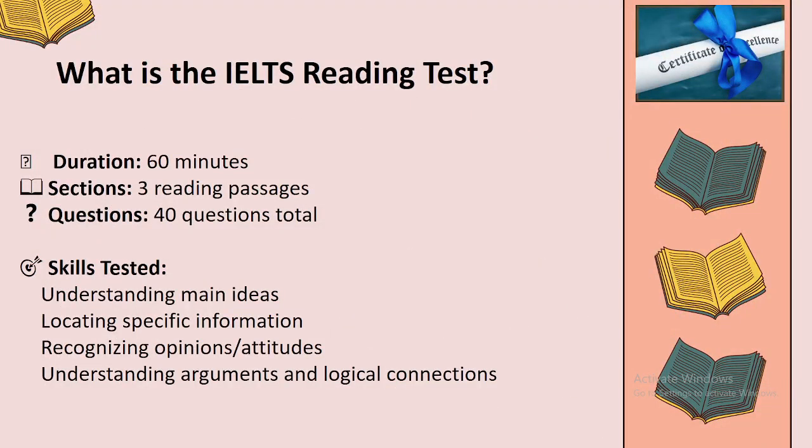What is the IELTS reading test? Basically, the IELTS reading module takes almost 60 minutes or 1 hour, and it normally has three reading passages. You are given almost 40 questions in total, with 13 for part one, like passage one, and the other 13, like 14 to 26 questions, in passage two, and the rest of the questions for passage three.